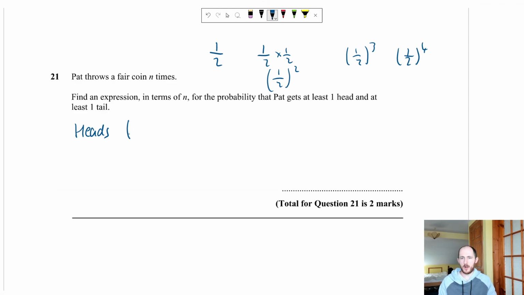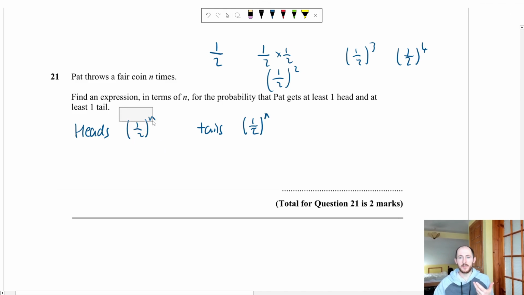So in this case, it'd be a half to the power of n. And likewise, doing the same thing for tails, a half to the power of n as well, because it's a coin, right? It's a fair coin, which means that the probabilities are exactly the same. Now, again, because it says at least 1 heads and 1 tail, the highest number you could get of either of them is n, right? So if I throw it 100 times, I could get 100 heads and no tails, or I could get 60 heads and 40 tails and so on.